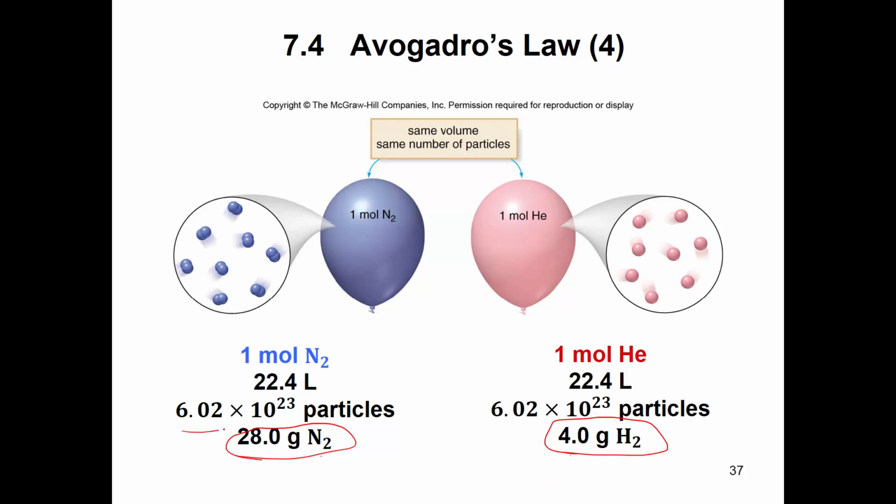But it's 6.02 times 10 to the 23rd particles for both of those. Okay? And so we have the same number of particles. Therefore, according to Avogadro, they take up the same volume. So 1 mole of that many particles takes up the same volume, but that's a different mass: 28 grams versus 4 grams.